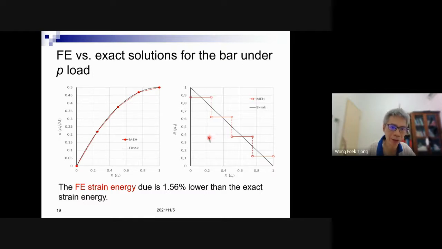Because of that, displacement is always more accurate than the stress. Because we compute this first and then we compute this by derivatives, right? The function itself is always more accurate than the derivatives.